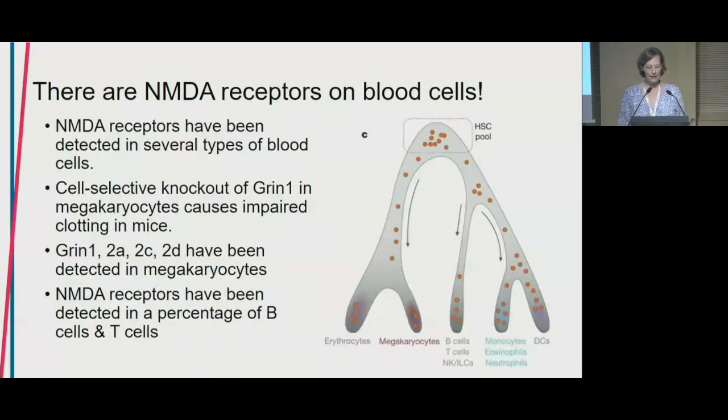My collaborator, Maggie Caleb, published a paper in Blood where she showed that a cell-selective knockout of GRIN1 in megakaryocytes led to deficiencies in platelets and problems with clotting. So that was seen in mice, and that was very exciting because we thought, oh, that sounds like a really good biomarker.